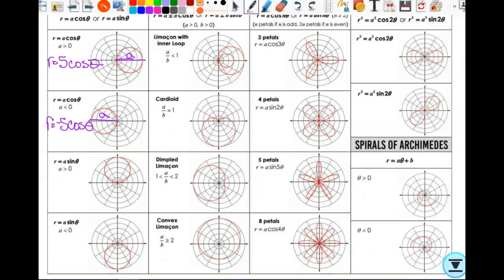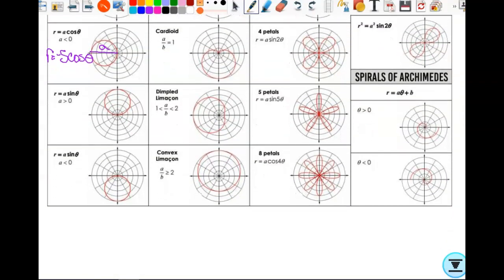For these, this is r equals 5 sine theta, because this is a, this is a. And this is r equals negative 5 sine theta. Okay, so that's just a quick review from Thursday.